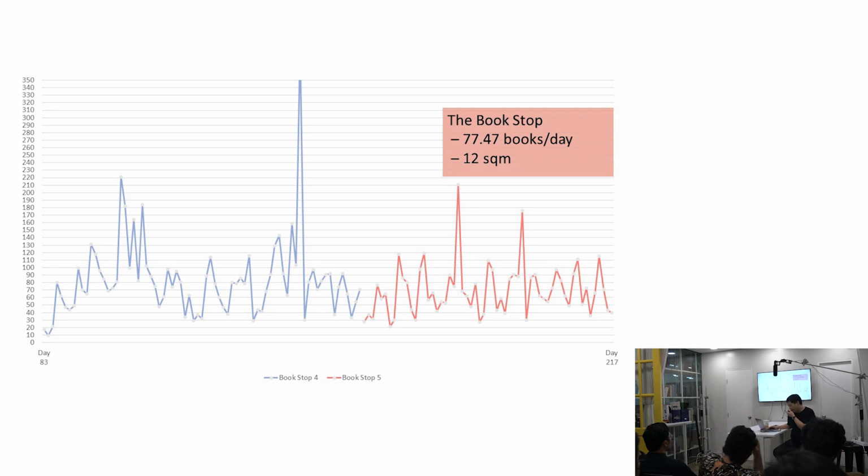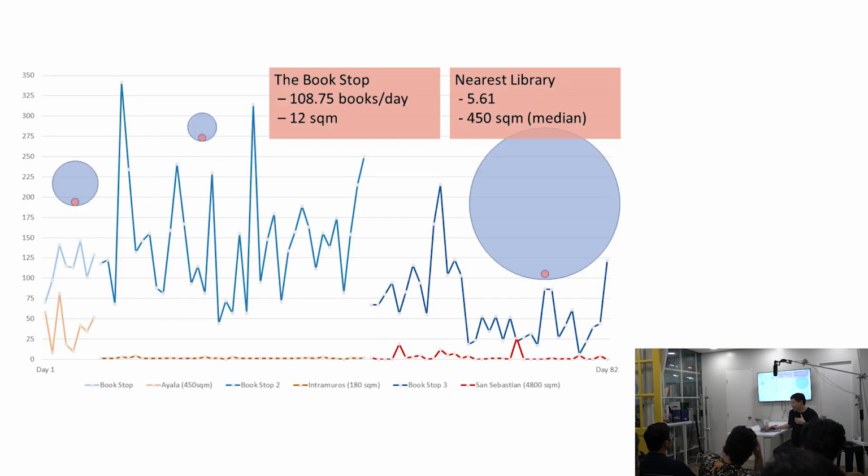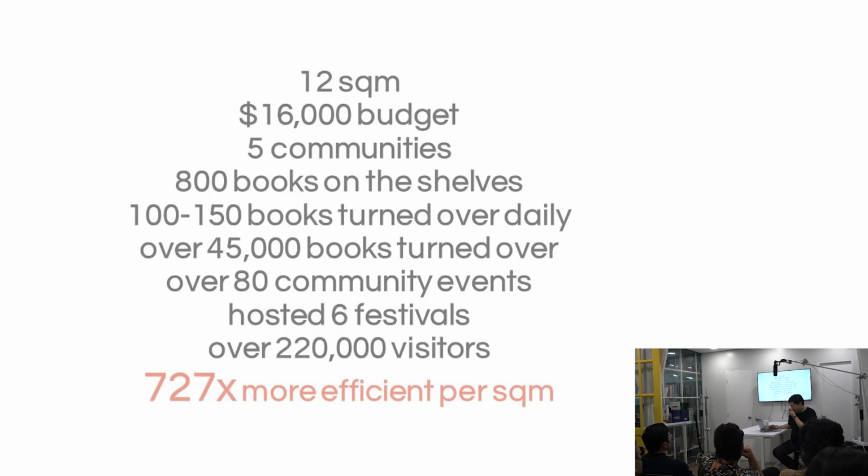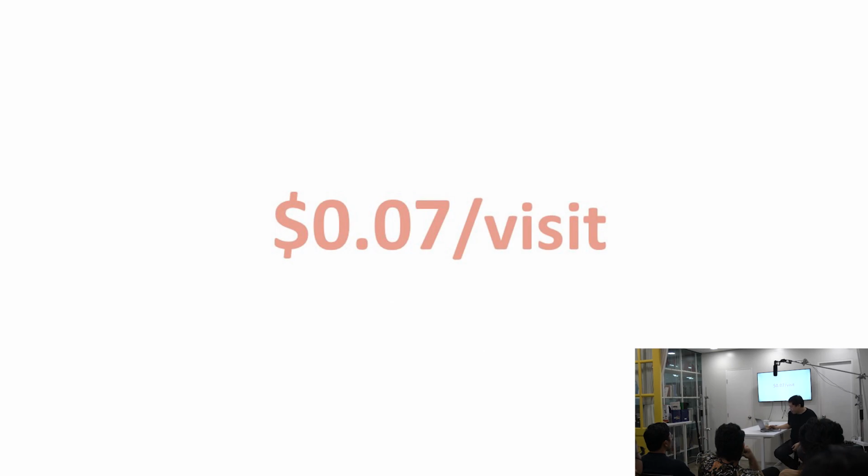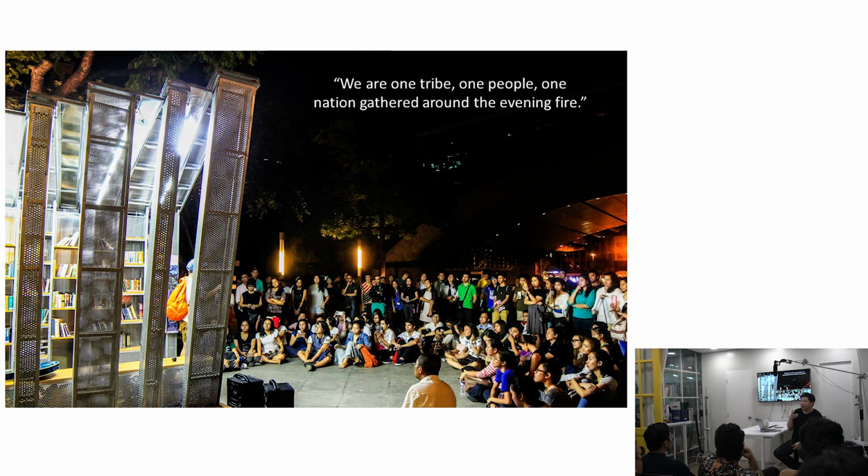Every time we move this, it's usually the same thing. We turn over about 100 books a day versus the nearby library, which turns over about 5 books a day. And mind you, some of them are school libraries, university libraries and everything. So I think what we figured out was that the problem is not the platform, and the problem is not that people don't read books.